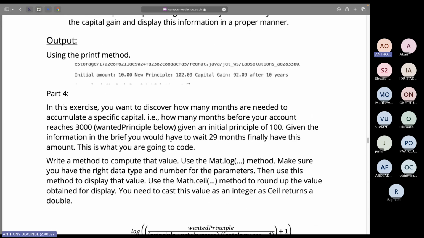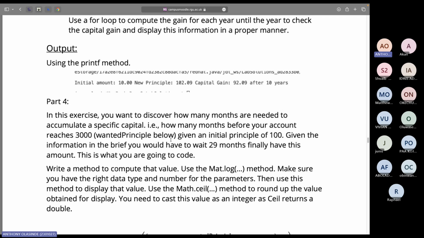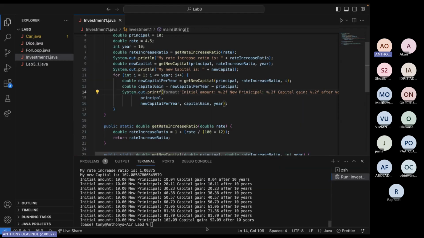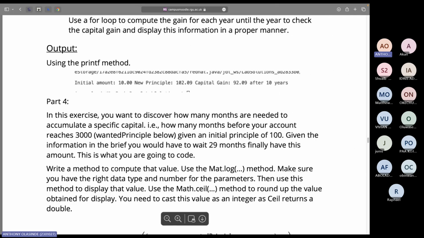In this exercise, you want to discover how many months are needed to accumulate a specific capital. How many months before your account reaches 3,000 wanted principal. So what they're trying to get is how many months will it take you for this new principal to be 3,000, right?